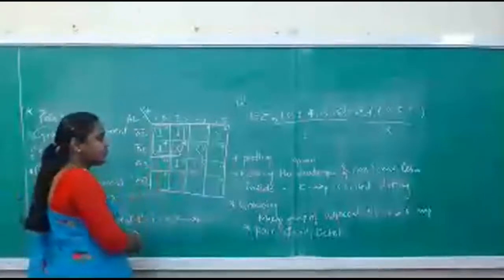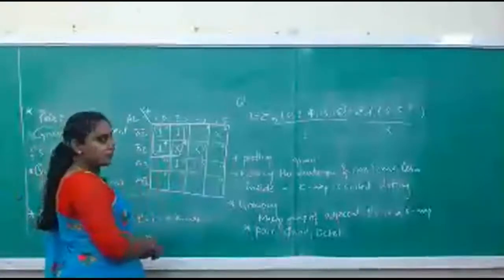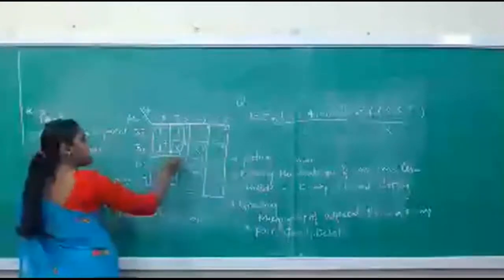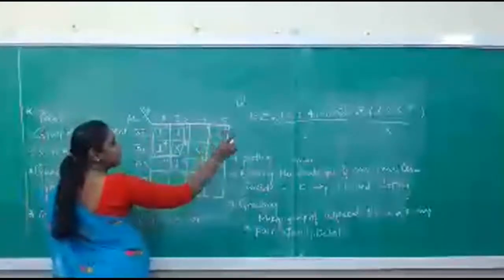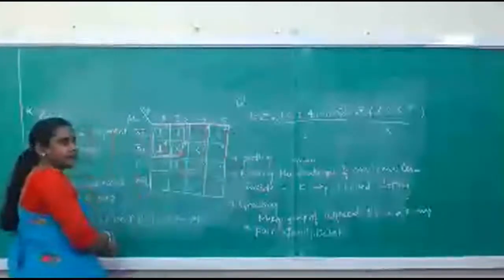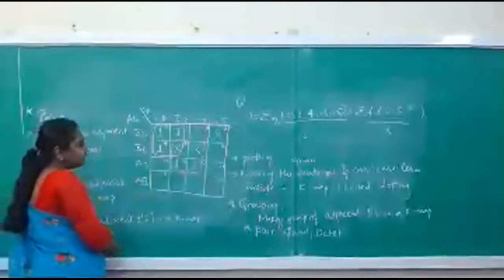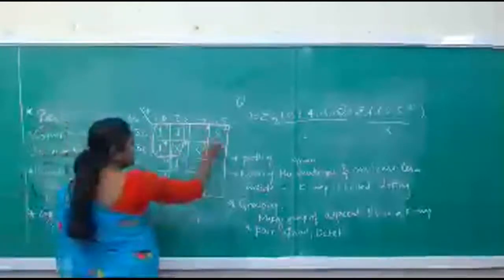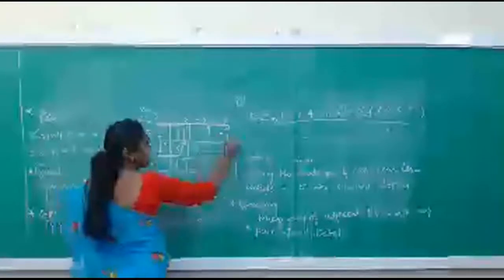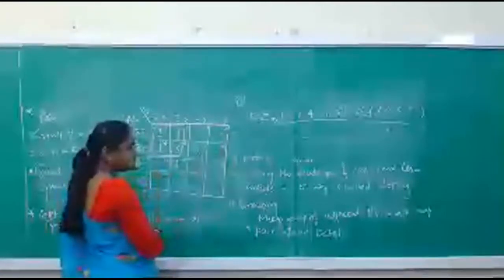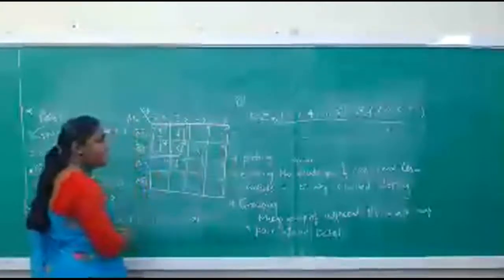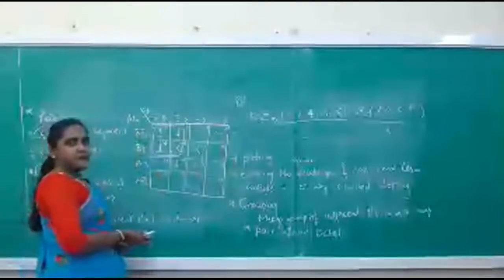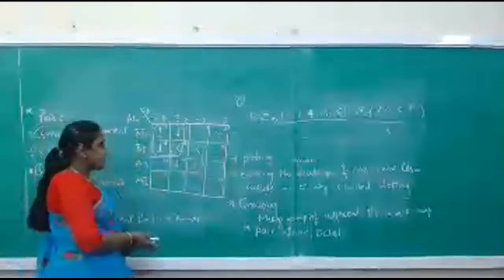Now concentrate on the don't care conditions. Where I have taken the don't care conditions, x, x and x, that means 2, 5 and 7. The 2, this one, we have considered as 0. What did the don't care condition say? You can consider them either as 0 or as 1.